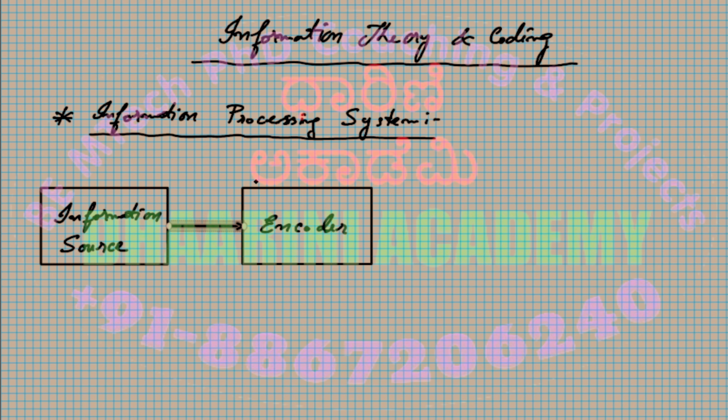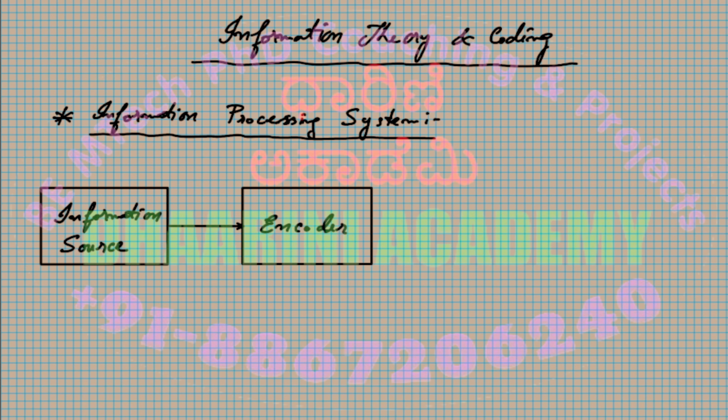The source information is getting encoded over here. The information coming into the encoder will be converted into the appropriate format by the source encoder. That is the information source itself getting encoded.